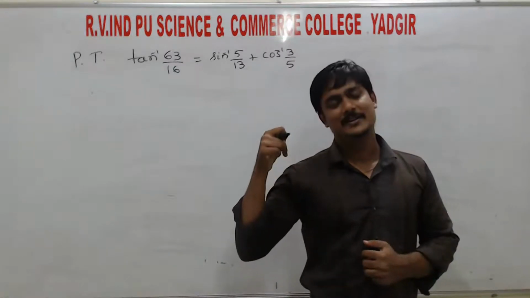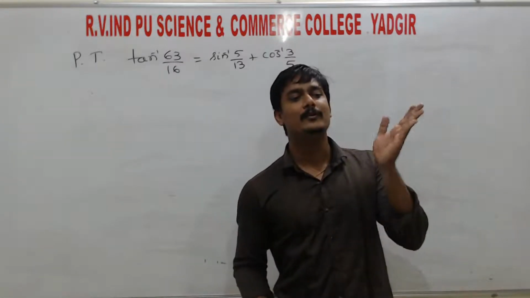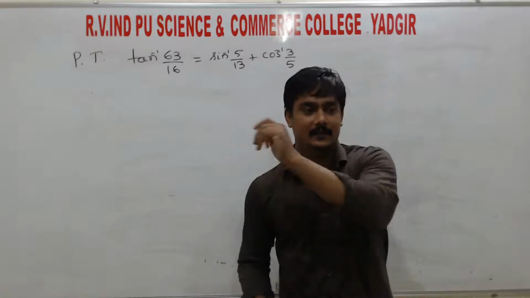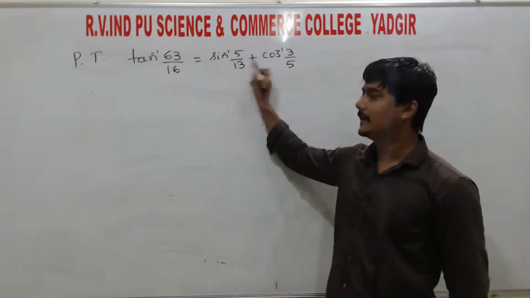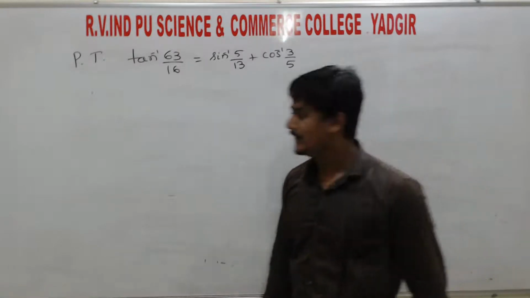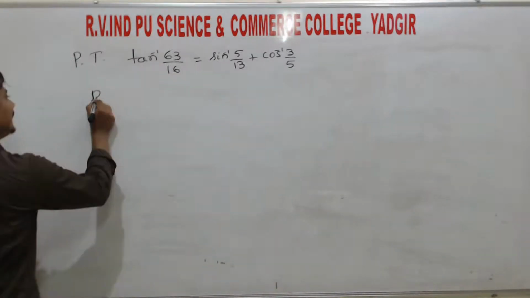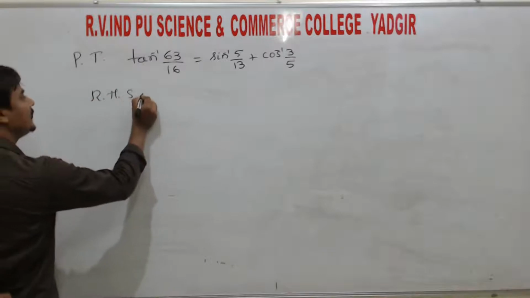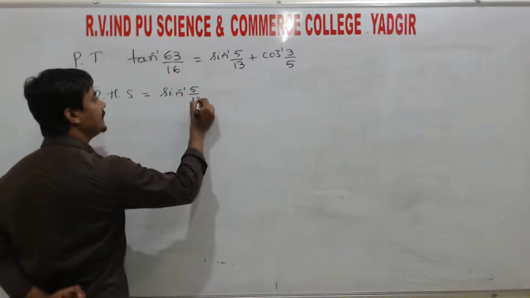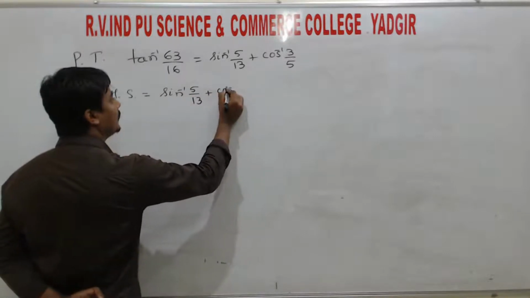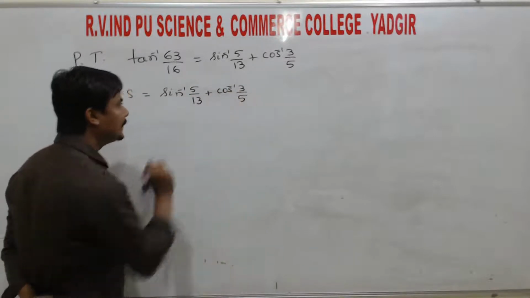When you look at the question, you will come to know that in this problem, we will move from RHS to LHS, because in RHS, I can apply the formula. Is that not, dear students? So here we will take the right hand side and we will prove that it is equal to the left hand side. So the right hand side is sine inverse of 5 by 13 plus cos inverse of 3 by 5.